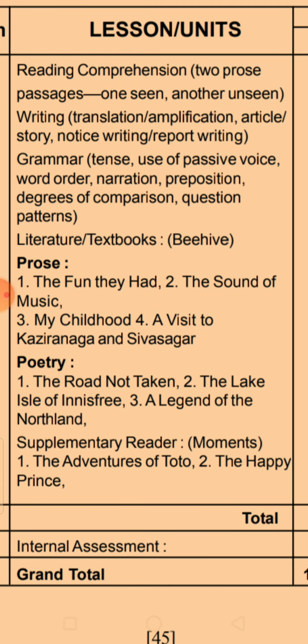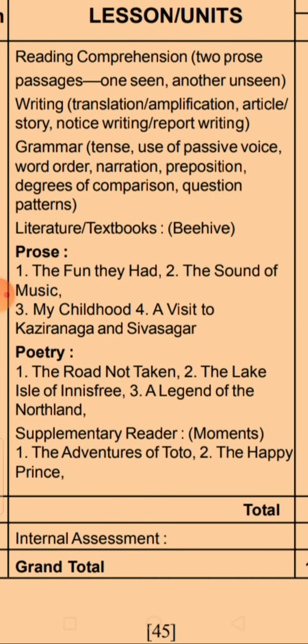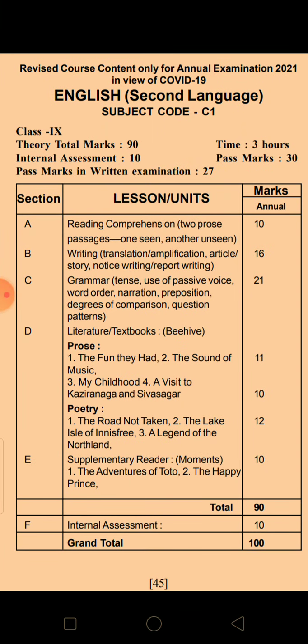And then you will get your supplementary reader from Moments: The Adventures of Toto and The Happy Prince. And you can see the marks here. If you take a screenshot of this and save it in your phone, you would be able to see what you need to do as a breakup.